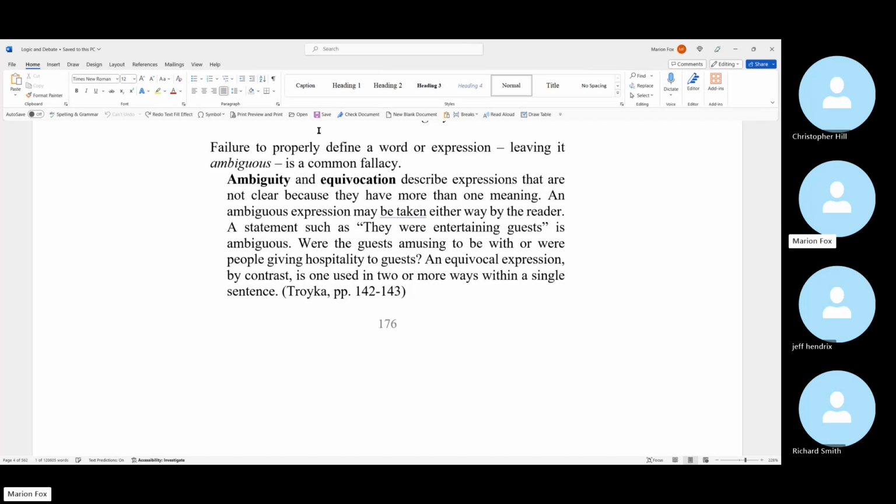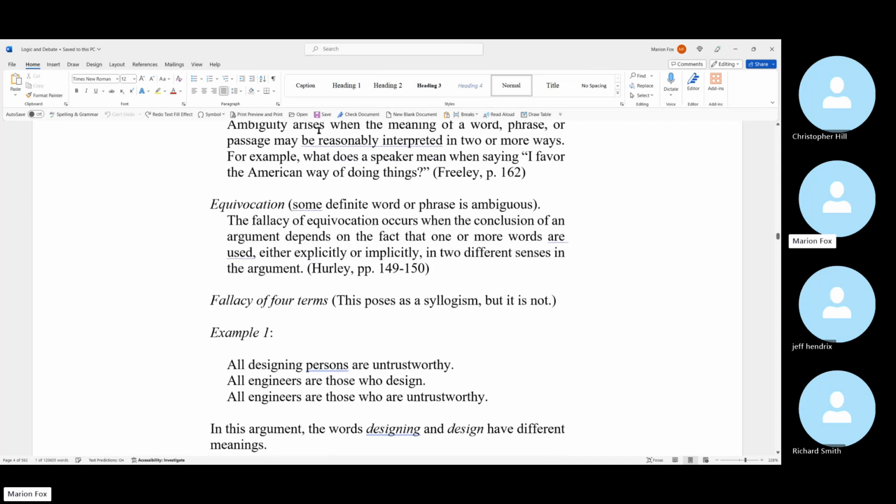An equivocal expression, by contrast, is used in two or more ways in a single sentence. They're close to the same thing, but in equivocating you change the meaning of the word in the sentence, so you have two different meanings for a word in a sentence. Ambiguous means you have one word, but you have to figure out its meaning from the context.